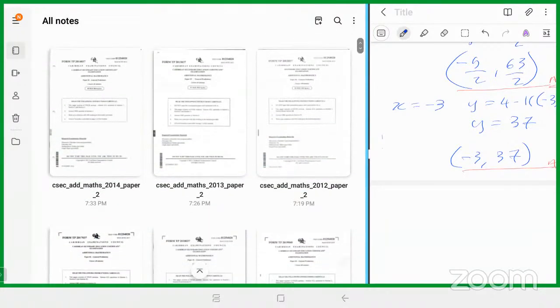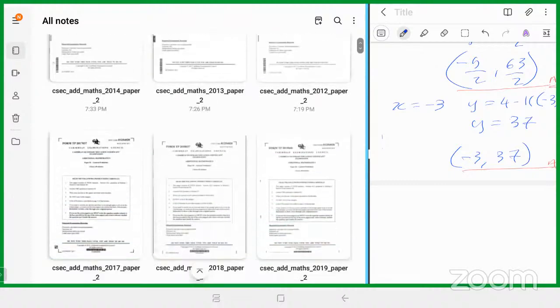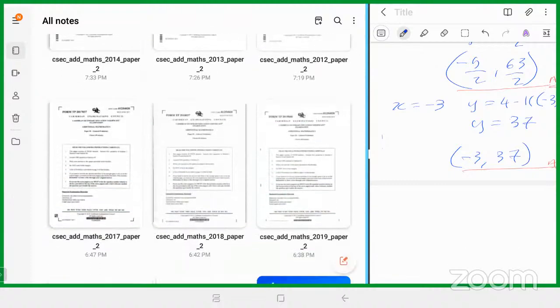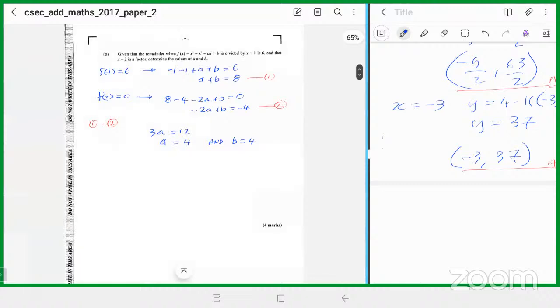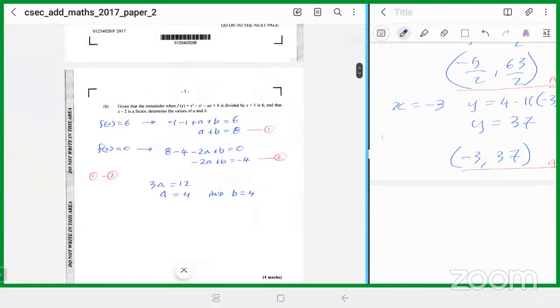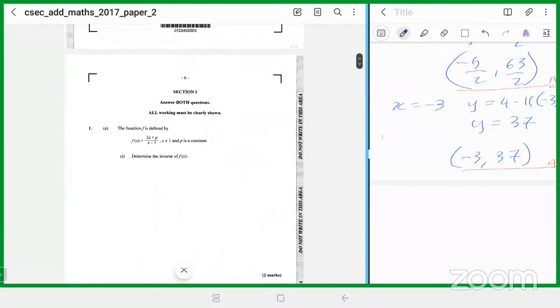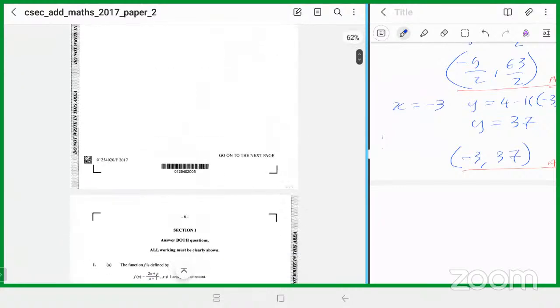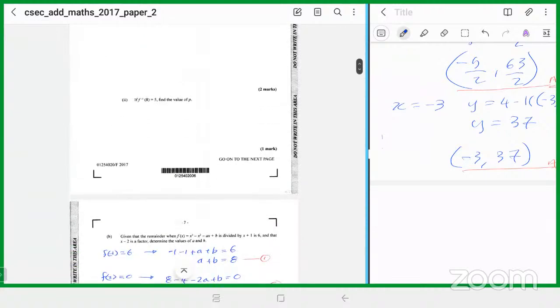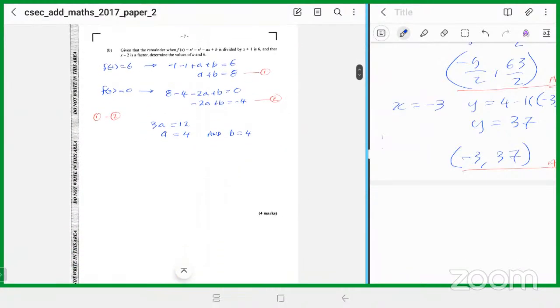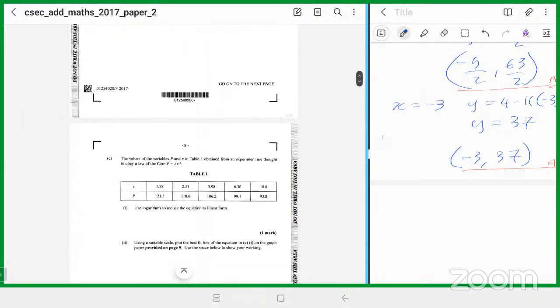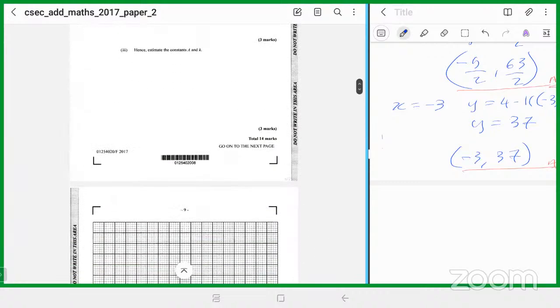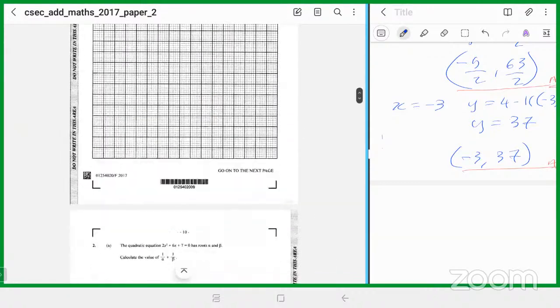I'm going to do every topic I want to cover, every question in this revision period between now and Monday. All right, so let's go.